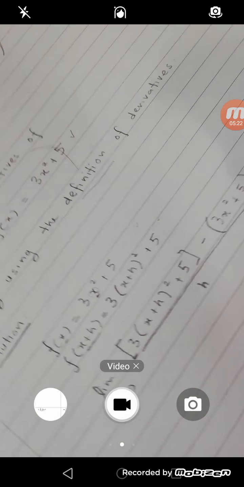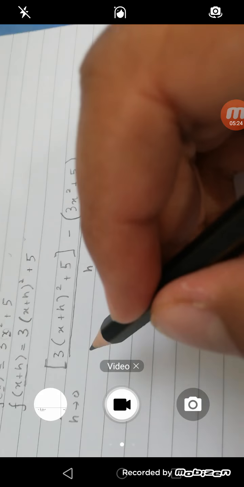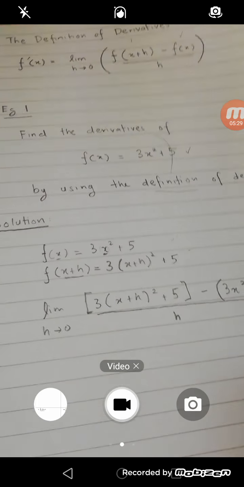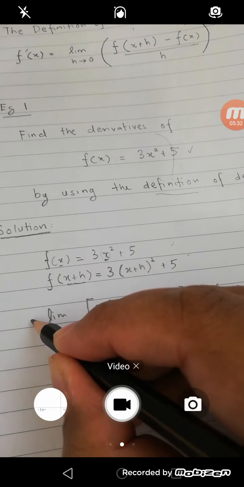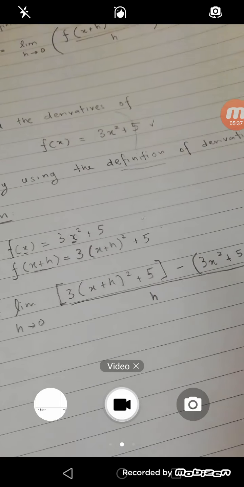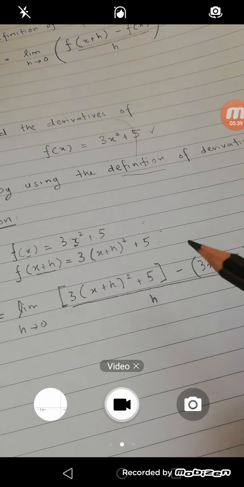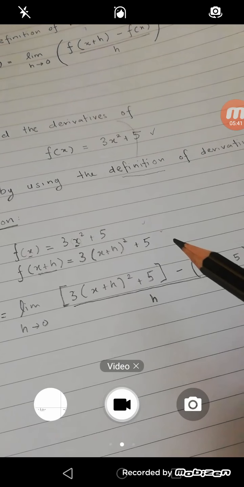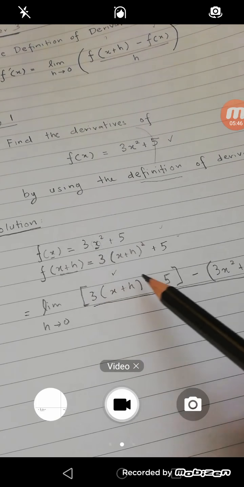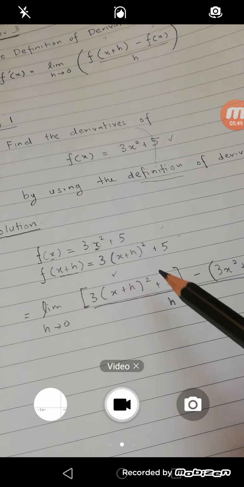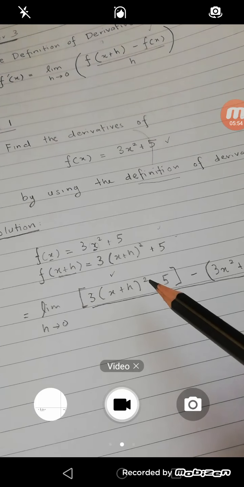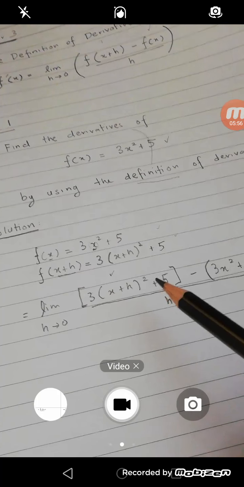Alright, now let us focus on this part. Let me put the equal sign here. What we can do is expand this part. The bracket is x plus h to the power of 2.